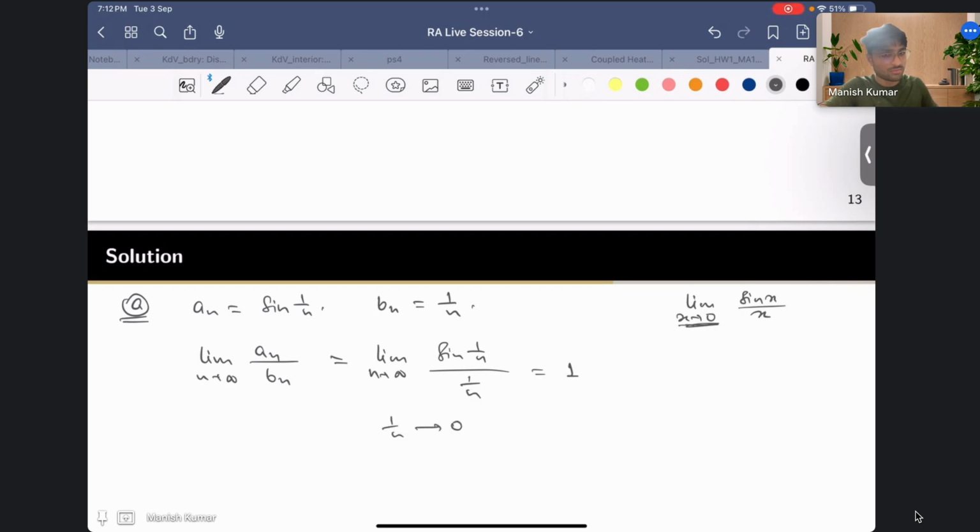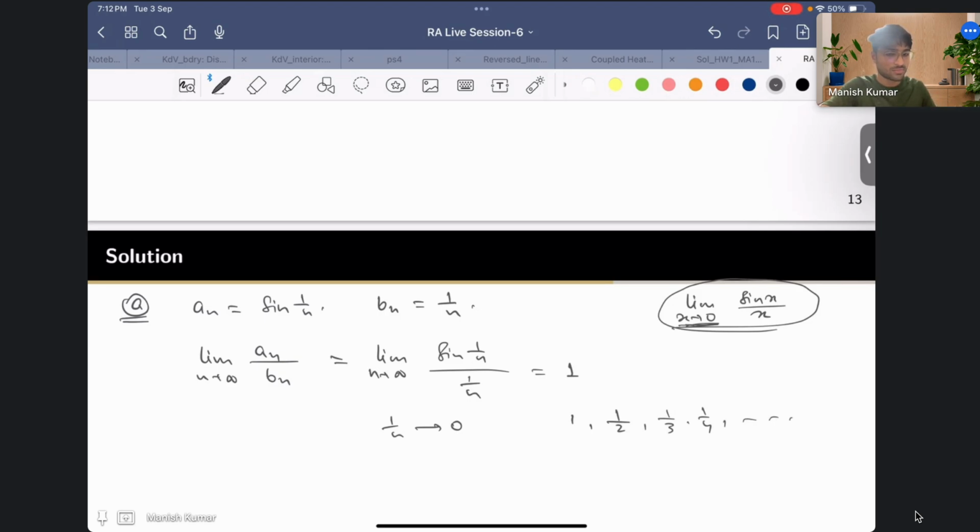It's like 1 half, then 1 by 3, 1 by 4, and so on. You can use L'Hospital only for a function which is defined on the real line or an interval. You cannot use L'Hospital for this discrete kind of function.